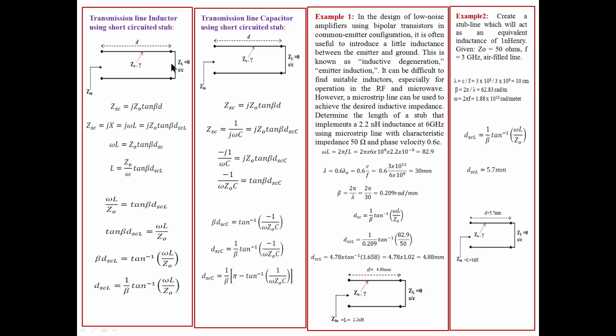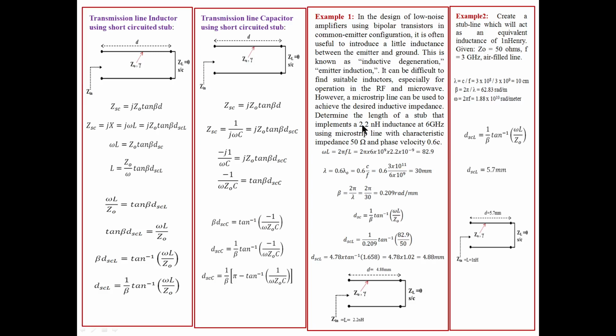This is a transmission line, not only two wire. Whatever symbol we are providing is for the microstrip line also. So a microstrip line with a characteristic impedance of 50 ohm and a phase velocity of 0.6 C can be used to implement the inductor.